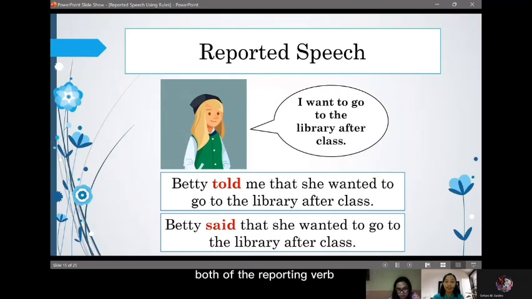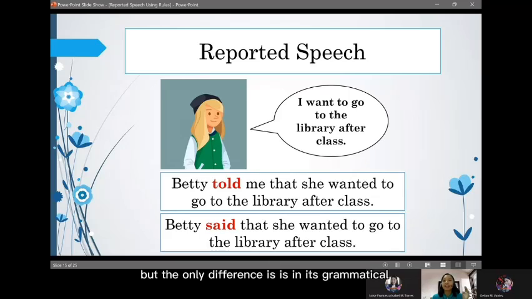Actually, both of the reporting verbs can create a meaning that is the same, but the only difference is in the grammatical structure. So what do you think is the difference between the two reporting verbs used in this example?